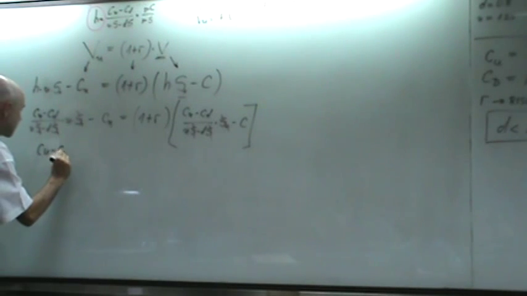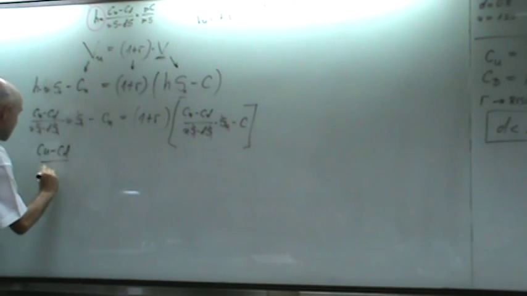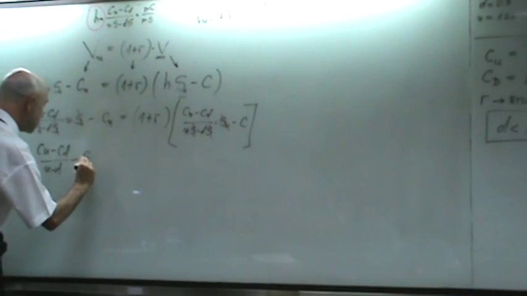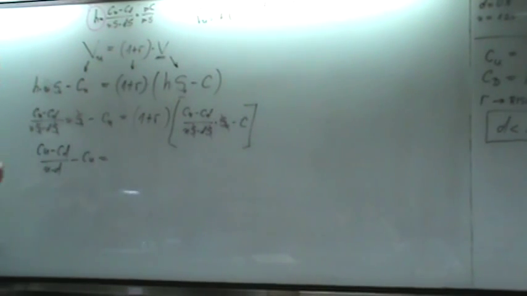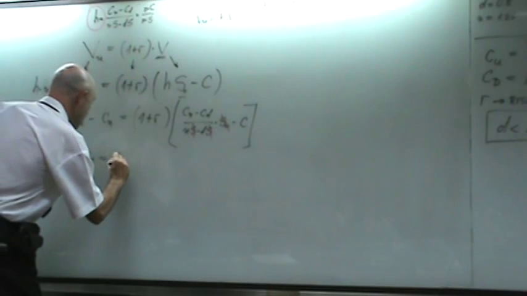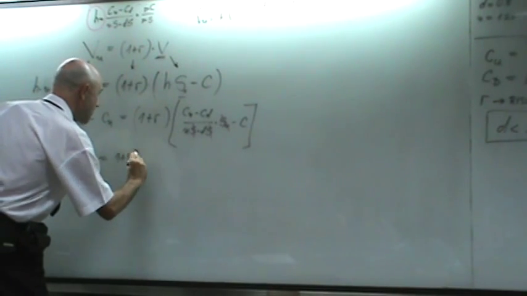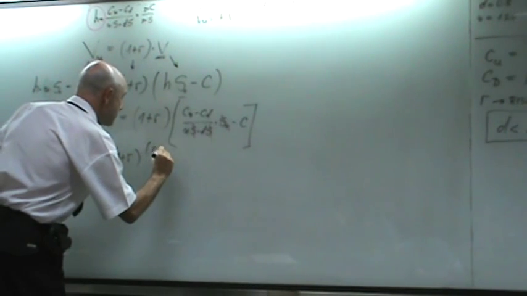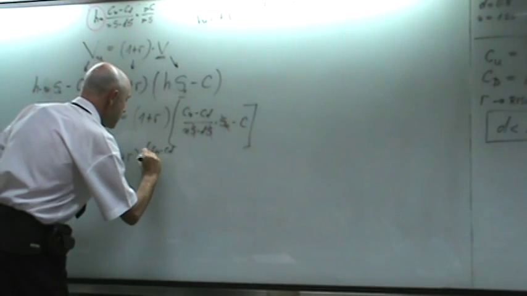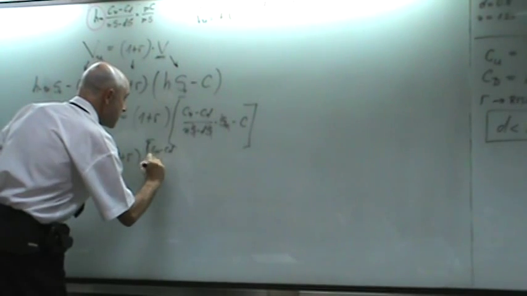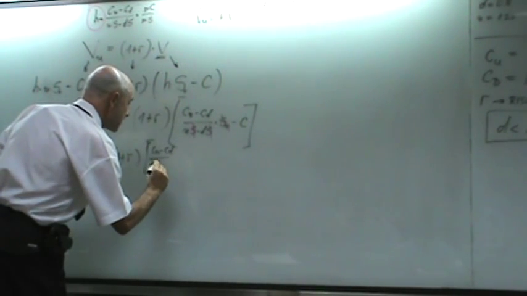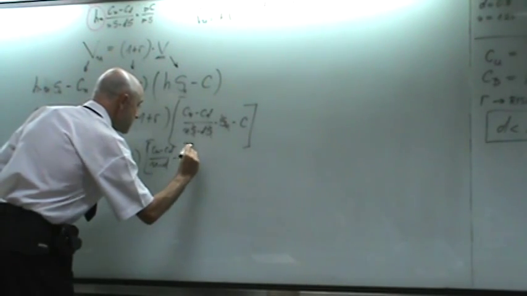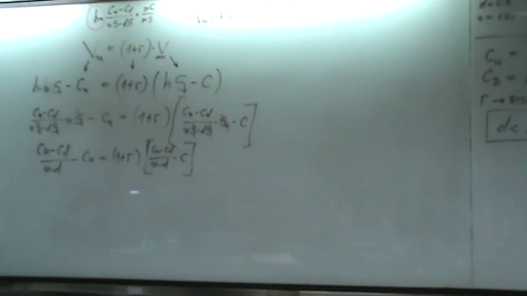CU minus CD, U minus D minus CU equals 1 plus R. CU minus CD divided by U minus D minus C over here.